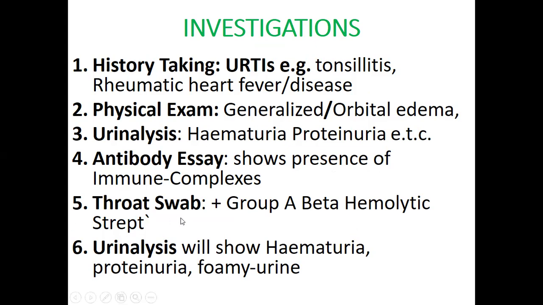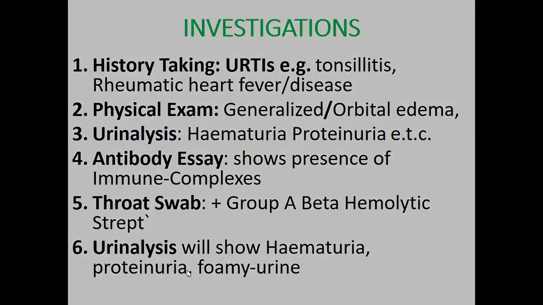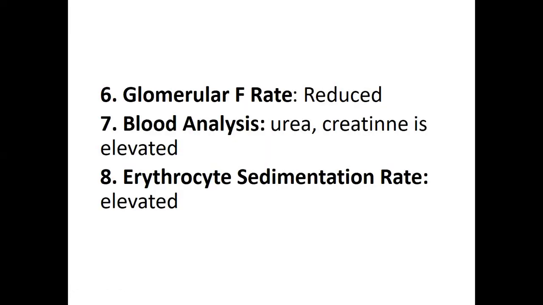Then a throat swab will be necessary, especially if there's history of upper respiratory tract infection, and most of the time they'll come positive with group A beta hemolytic streptococcus. Proteinuria, foamy urine, hematuria, blood that will appear pinkish red, forming because of proteinuria and electrolytes that are being lost.